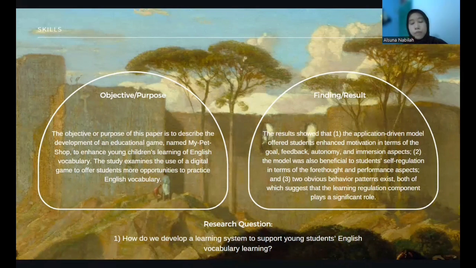The final result from this article is that the application-driven model offers students enhanced motivation in terms of goal, feedback, autonomy, and immersion aspects. The model was also beneficial to students' regulation in terms of forethought and performance aspects. And the third is about two obvious behavior patterns, one of which suggests that the learning regulation component plays a significant role. That is the second article.